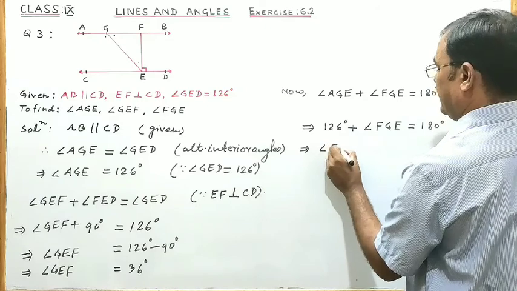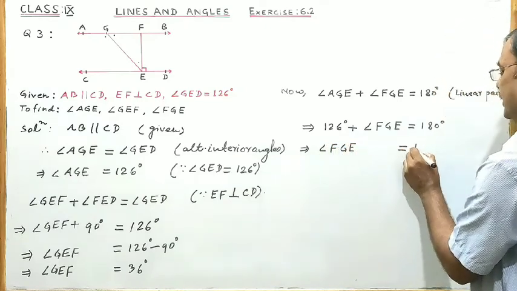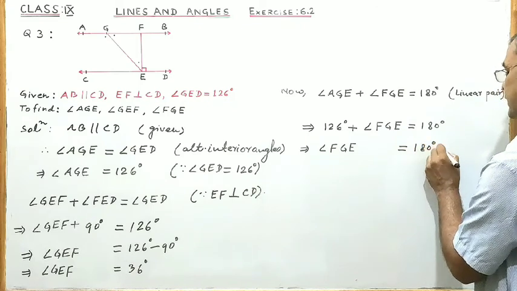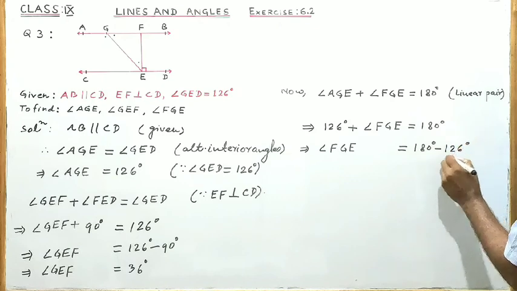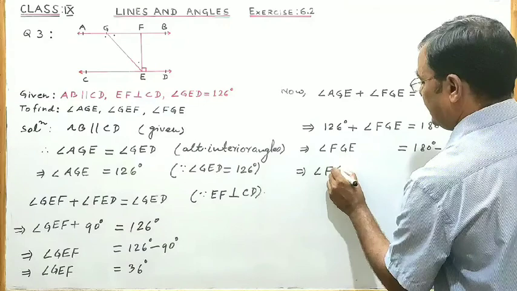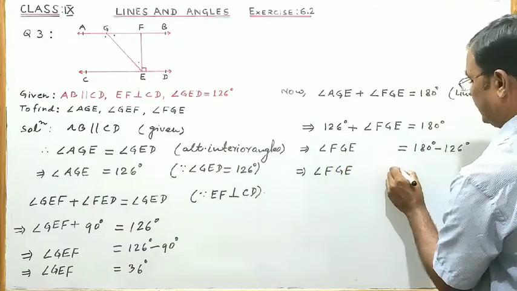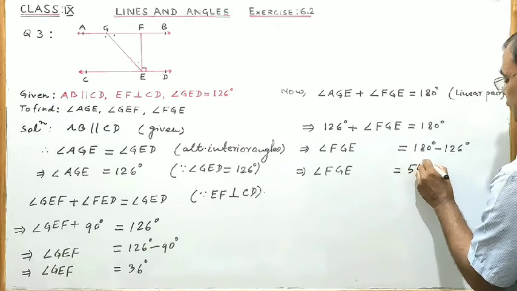So angle FGE is equal to 180 degrees minus 126 degrees. So angle FGE is equal to 54 degrees.